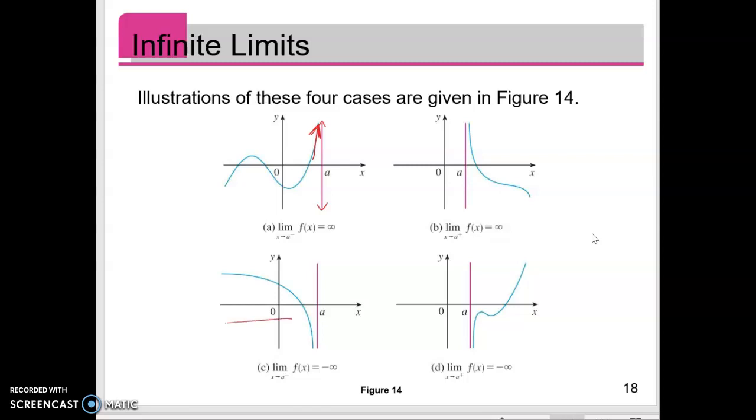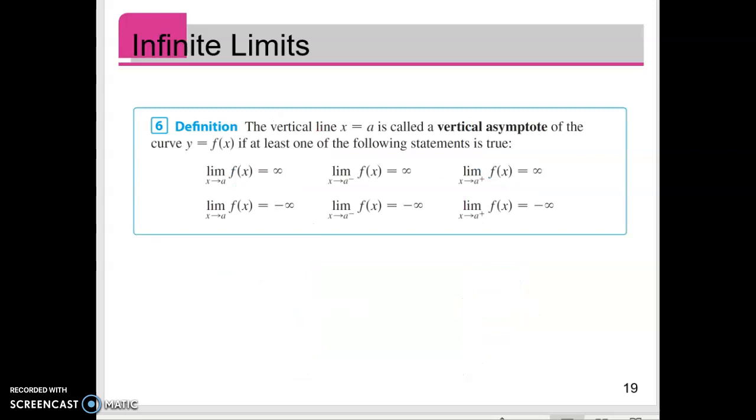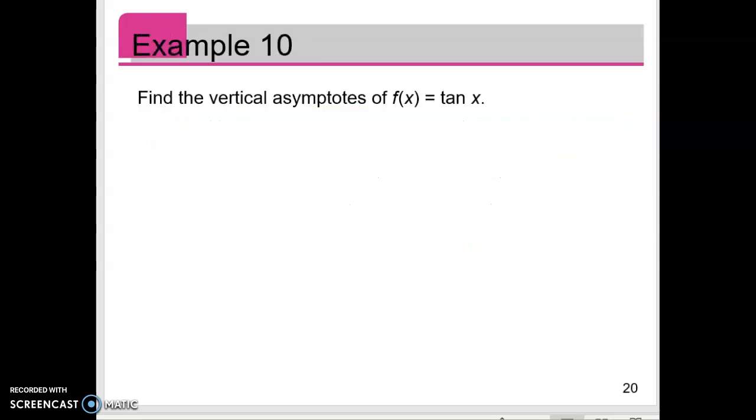As you approach from the left, it goes down forever, negative infinity. As you approach some x value a, which is a vertical asymptote in all these cases, from the right, in this case, the function goes down. These are all going to be vertical asymptotes.